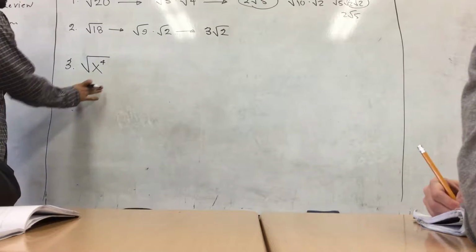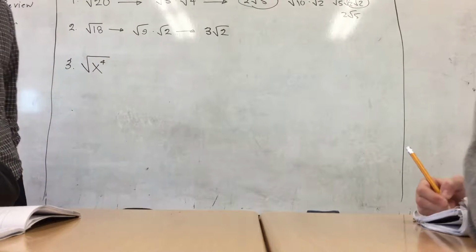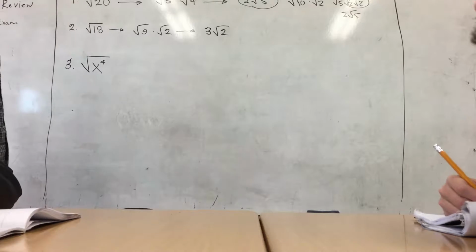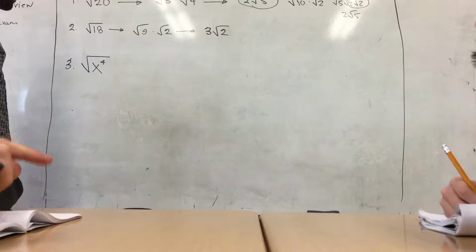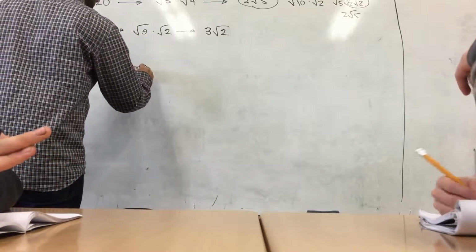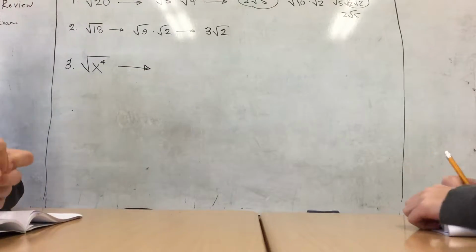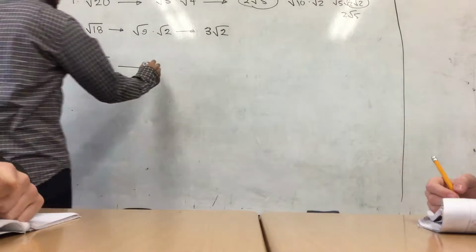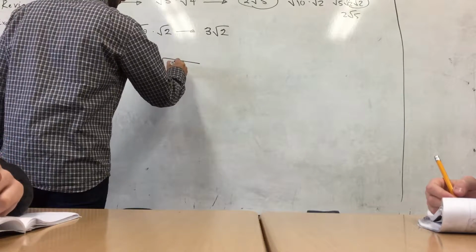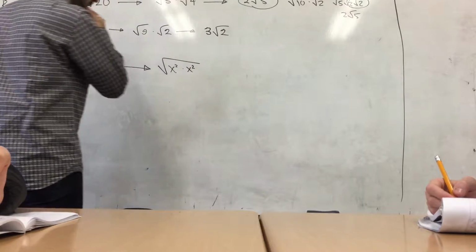Okay, you'll see something like this up there. Can anyone tell me where to go with this one? When you split up X cubed, you can split it up into this.